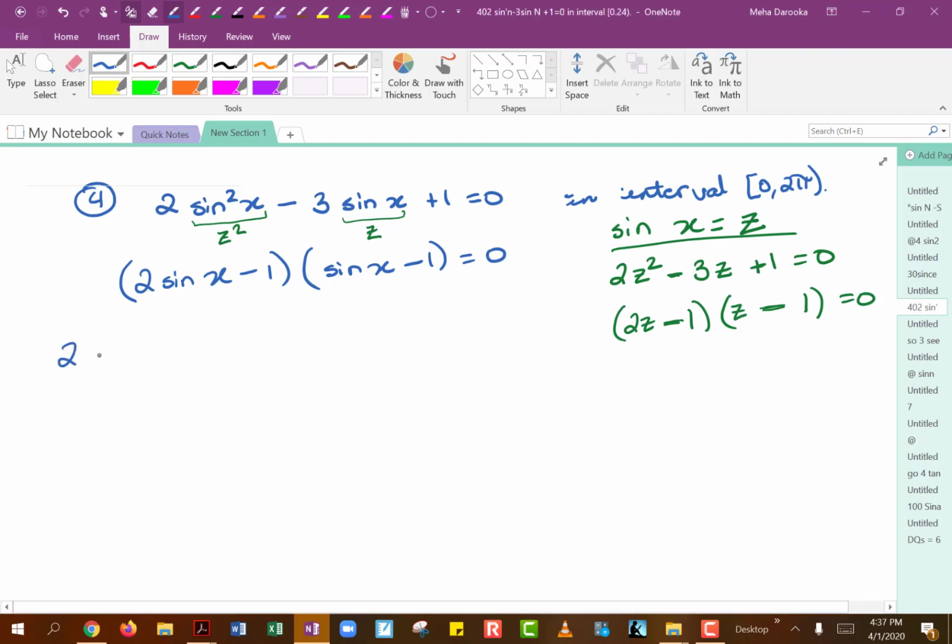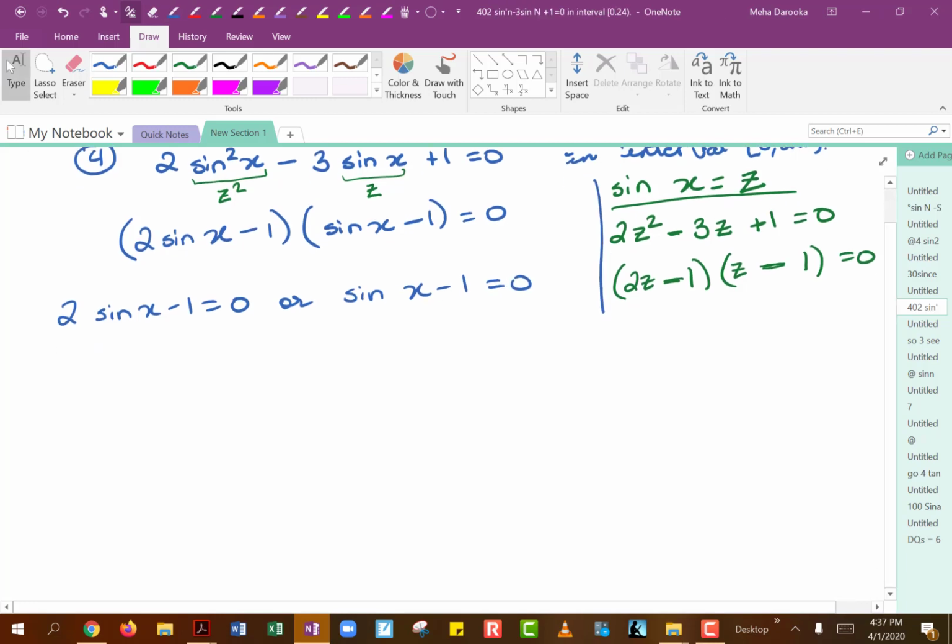Starting with my first one, 2 sine of x minus 1 equal to 0, or sine of x minus 1 equal to 0. And remember, this was just scratch work on the side. I'm going to go ahead and start by adding this 1 to both sides.